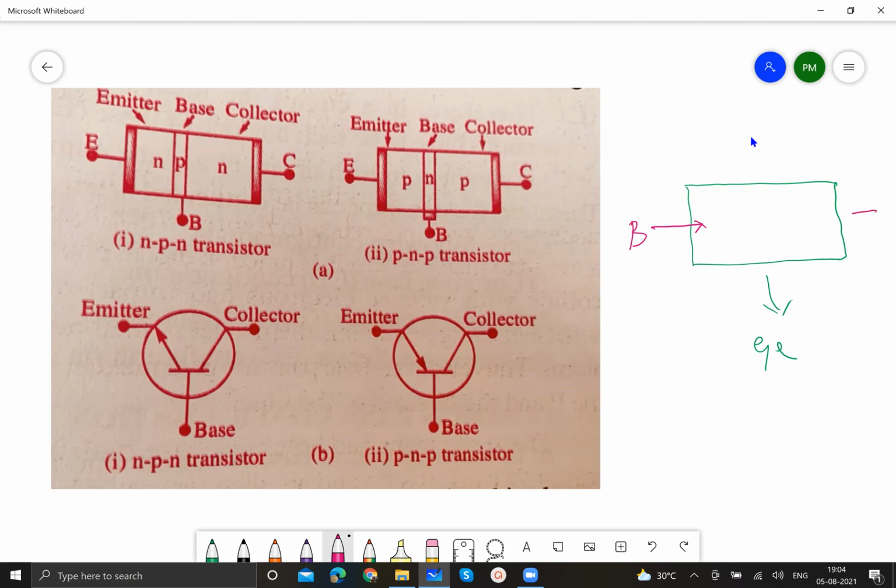Similarly, on the other side also, we will dope boron, and in the middle, we dope arsenic or phosphorus. You know, boron, I told you already while discussing extrinsic semiconductor, boron is trivalent.